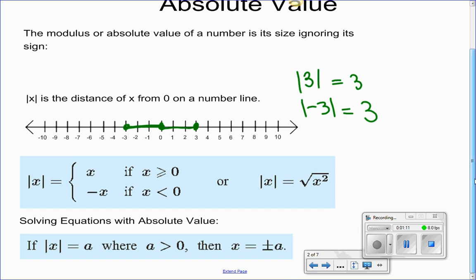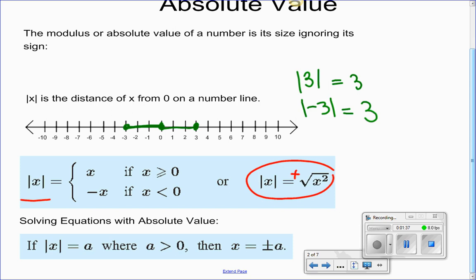So the definition of absolute value is exactly this. The absolute value of x is equal to x if x is positive or equal to 0, and it's equal to negative x if x is a negative number, in other words, the opposite of x. Or here's another way of saying that. If you take the square root of something, you're going to get a positive value.